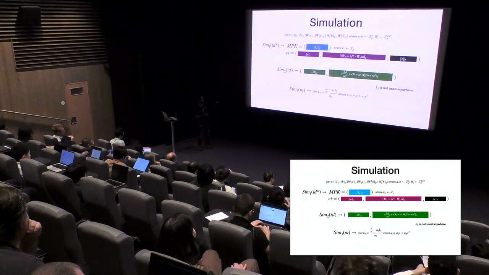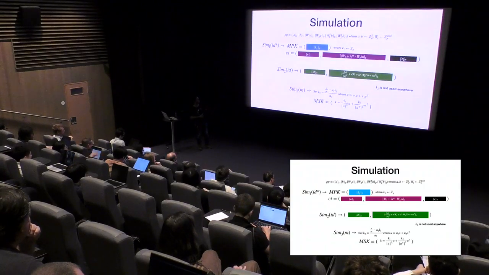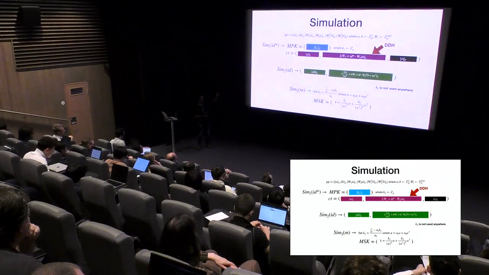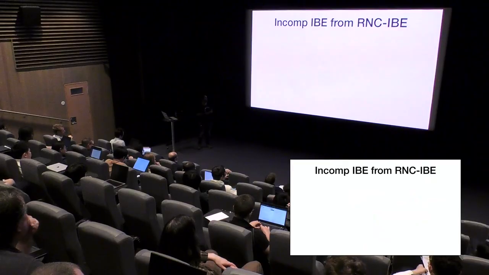In the simulation mode, you calculate K2 appropriately and then set your master secret key to this form. Just trust me, it works. There'll be a lot of hybrid arguments to change your ciphertext to a truly random vector like that. And yeah, with that, I'm not talking more about it.